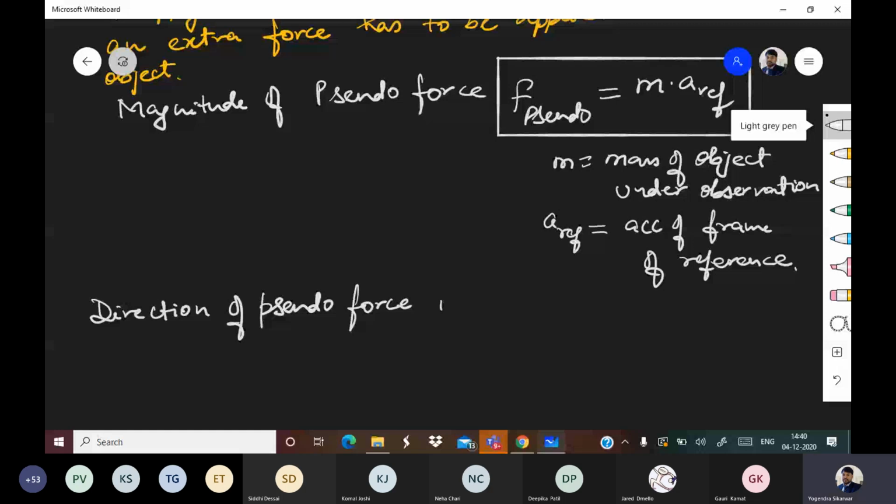Okay. So whatever is the direction of acceleration of frame of reference, pseudo force will be acting opposite to that.